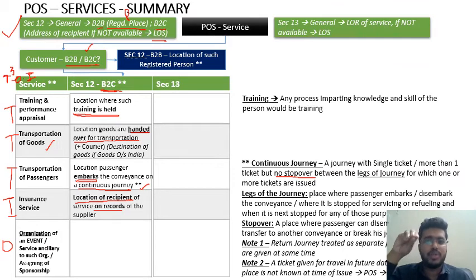However, if the insurance company says, no, we need your permanent address, and your permanent address is in Chennai, your KYC documents, everything is in Chennai, and the insurer takes on record Chennai as your address, then the place of supply will be Chennai. So it is the location of the recipient on the records of the supplier, that is the insurance company, say ICICI Insurance or Reliance Insurance itself, giving you a personal insurance or whatever.